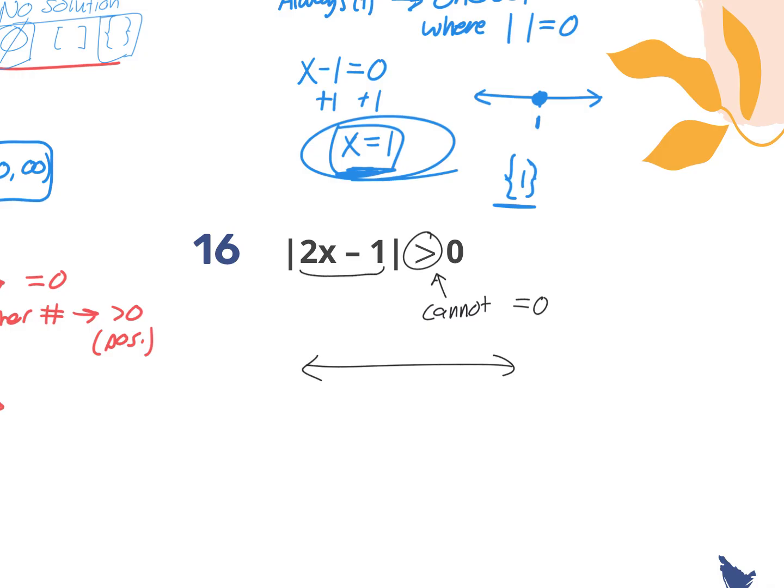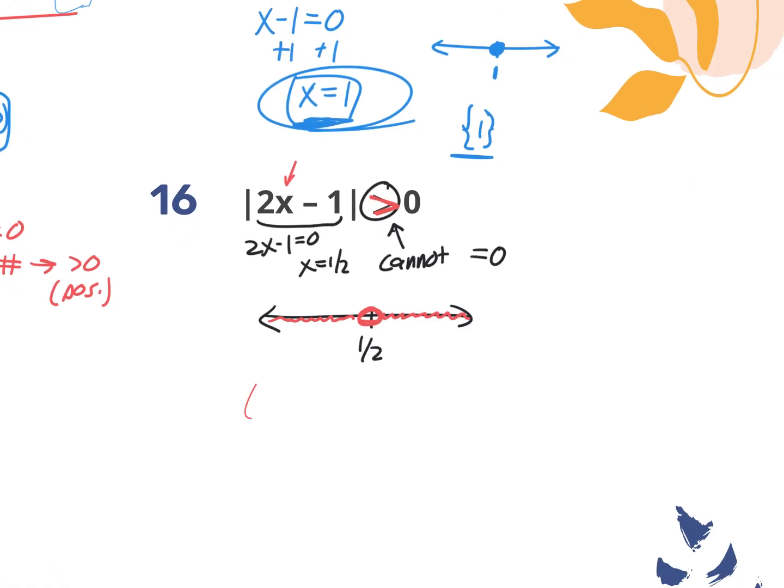If I do 2x minus 1 equals 0, I would get x is a half. And at 1/2, I cannot have this be a solution. If I plug in 1/2 for x, I will get 0, but this is a strict inequality. I don't have that line underneath. So really, I would have an open circle at 1/2, but everywhere else on the graph is fine, so I would shade everywhere else.